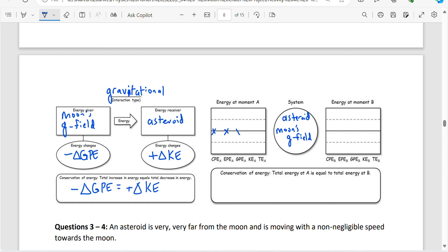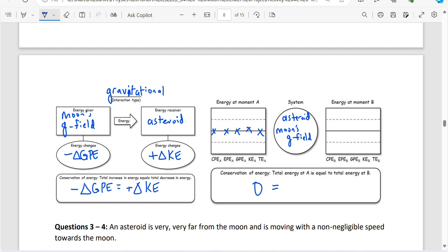So we have no gravitational energy at moment A because we are infinitely far away, and we said we're going to define that to be 0 energy. The asteroid is not moving, so we have no kinetic energy and no air resistance, so no thermal energy.